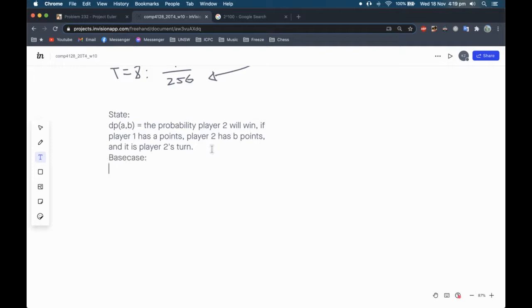Next, we need to work on our base case. So I'll ask you guys, what do you think the base case would look like for this particular DP? There's going to be two main base cases here that we need to think about.